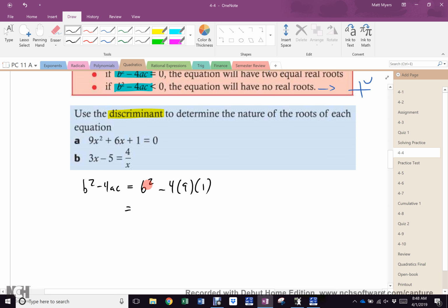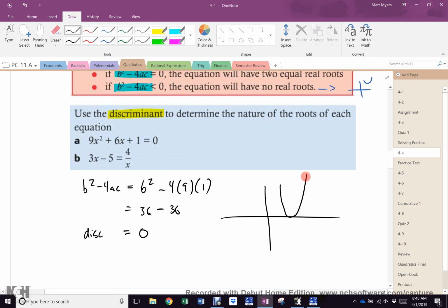What is 6 squared? 36 minus what's 4 times 9? 36, which means the discriminant equals what? 0. So what's the graph going to look like? Two equal real roots, which means it's going to bounce off the x-axis, right? Something like that. Everybody good?